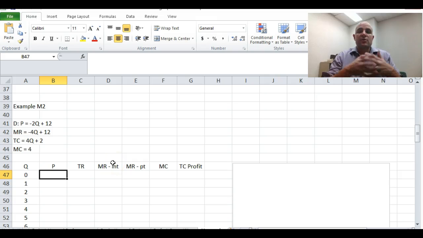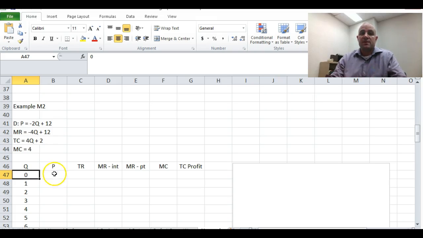So now, the way that a monopolist will sell the product, they want to set the price. They're going to determine how many units they want to sell and set the price to make that happen. The way that you get the price in a monopoly is you find what price people are willing to pay for those units. So for example, if they wanted to sell no units, you plug that into the demand, which is where you're going to get your prices from, because that's what people are willing to pay.